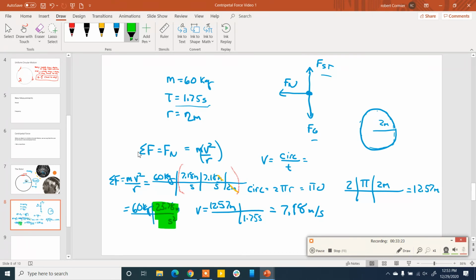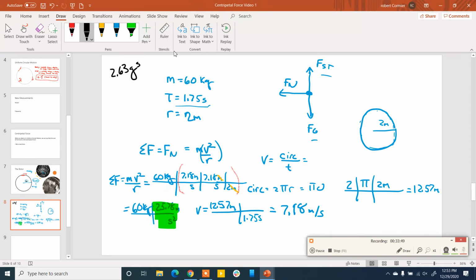They're moving pretty fast, right? This is when we start to get into G's. This is how many G's they feel, because we know 1 G is 9.8. So if we divide it by 9.8, they experience 2.63 G's, right? It doesn't matter what the person's mass is, they experience 2.63 times their normal body weight.